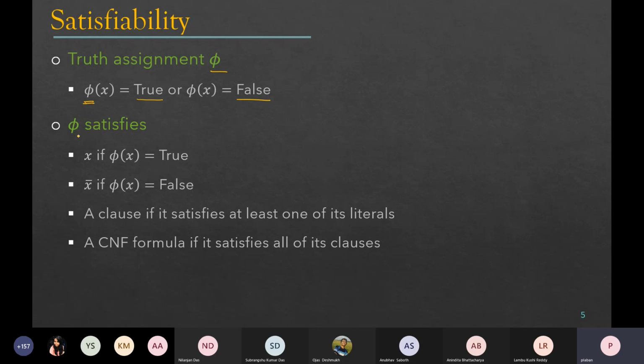Now this assignment will satisfy x if we can assign phi x to be true, or it will satisfy x bar if we assign phi x to be false, right? So if we assign x to be false, that means this literal will become true, and if we assign x to be true, this entire literal will become true, right?